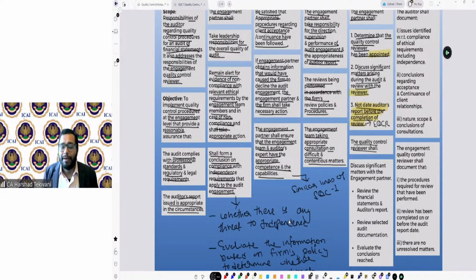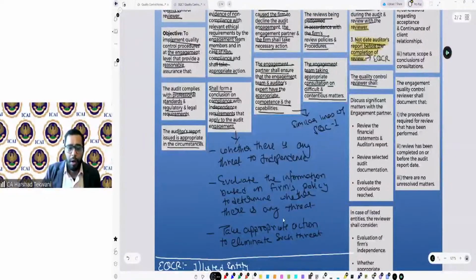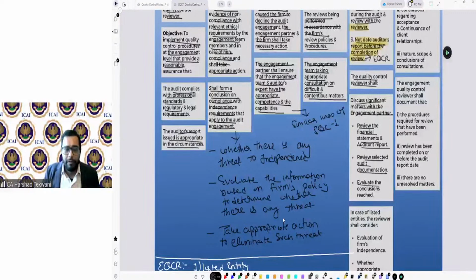That involves discussing significant matters with the engagement partner, reviewing the financial statements and audit report, reviewing selected audit documentation, and evaluating the conclusions reached.